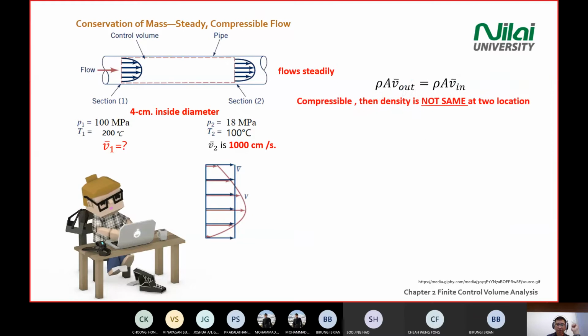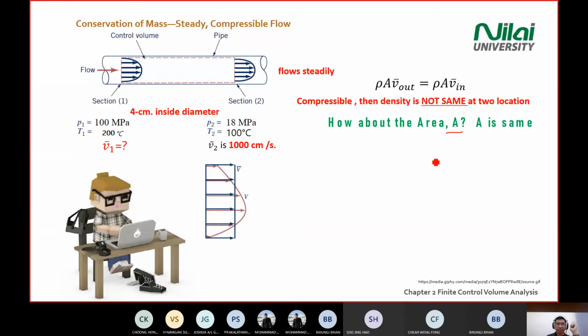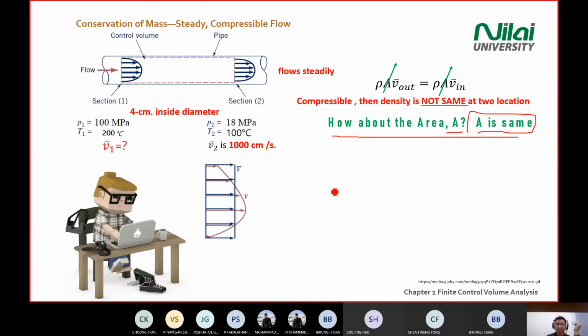So you continue with the calculation. Because the density is not the same, however, what is the same? Because it's a straight pipe with constant area, your A is the same. When you find something the same, you can cancel it out in the equation. Just draw the two arrows there. Of course, in the exam, when you cancel something, make sure you explain it.